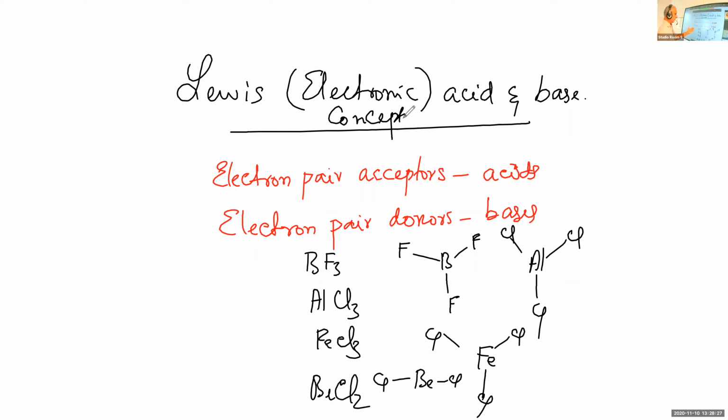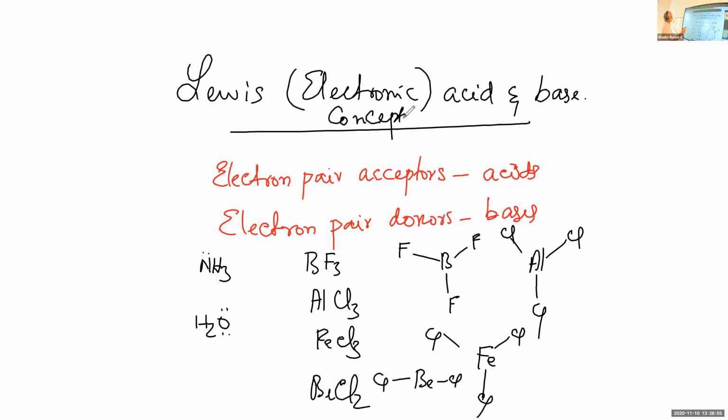Now, electron pair donors have lone pairs of electrons. For example, you take NH3, ammonia. In ammonia, nitrogen has a lone pair of electrons. Take a water molecule, H2O. On the oxygen atom, there are two pairs of electrons. You have studied this even in the 10th standard.